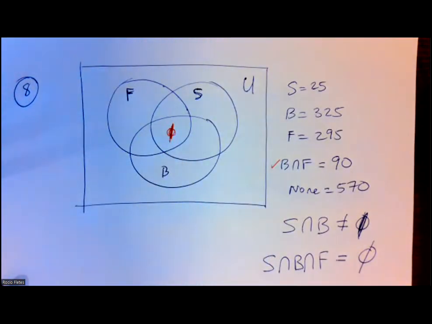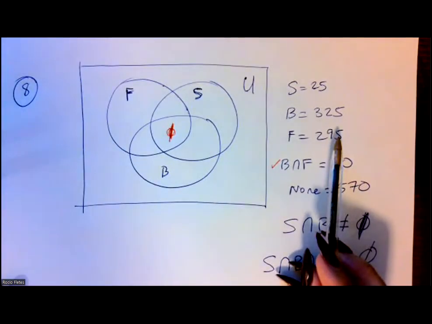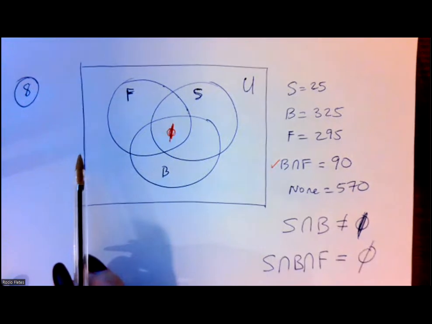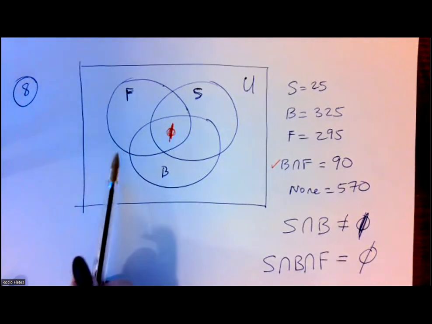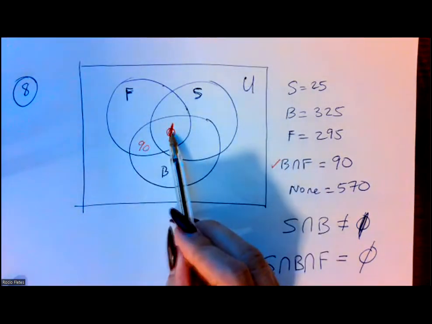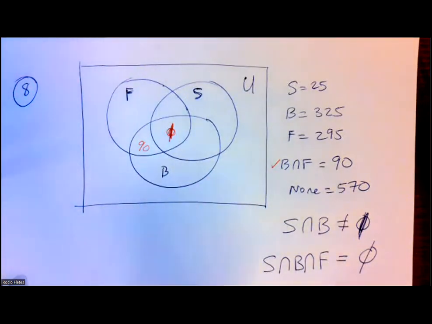S and B. And then we know F and B is 90, so this one is 90. Since we don't have anything in the center, this must be 90 here. 570 people, neither.